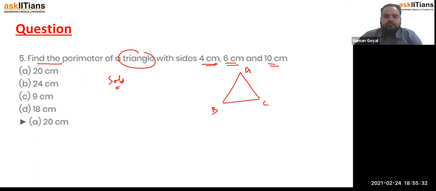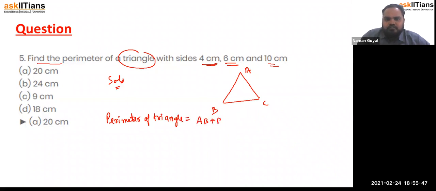The boundary of that figure. Perimeter क्या होता है? Boundary of that figure. So the perimeter of triangle is what? AB plus BC plus CA or AC. See, we can take this as 6 centimeter.